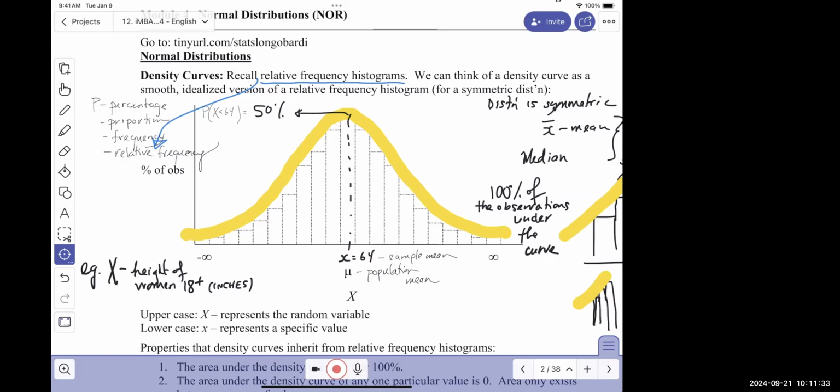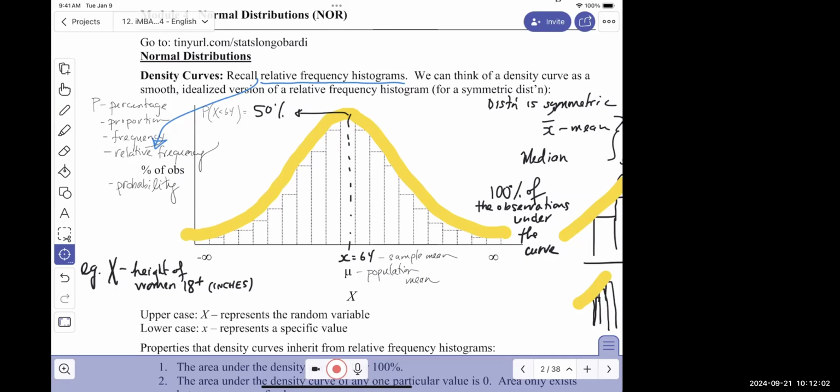What I'm saying is that I think that the probability, or the chance, that a woman is less than 64 inches tall, the probability is another interpretation because I'm using this to represent my population.